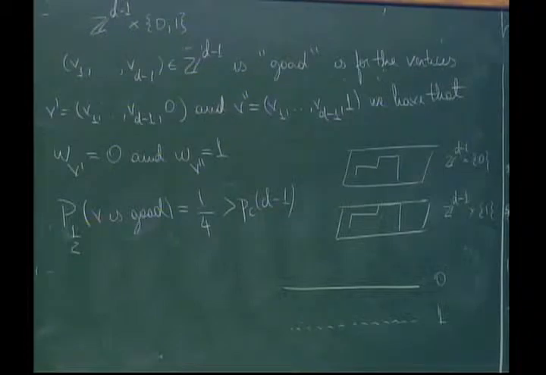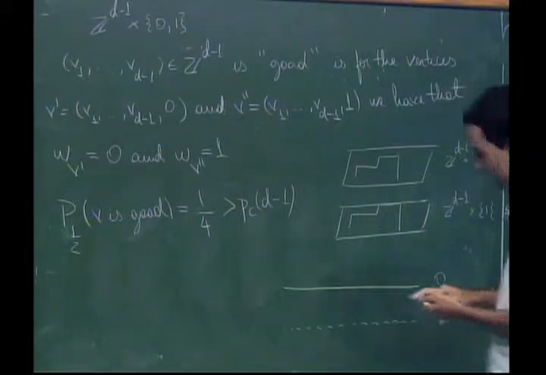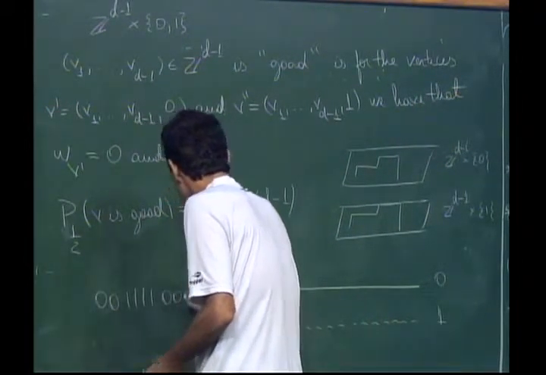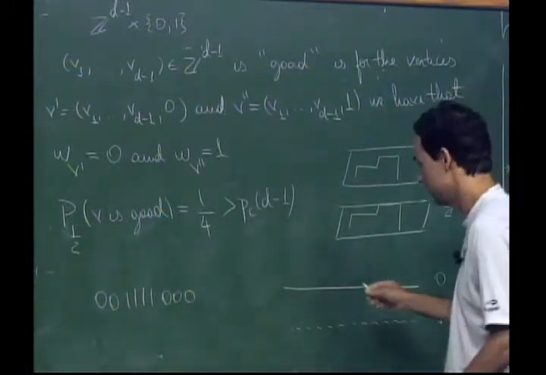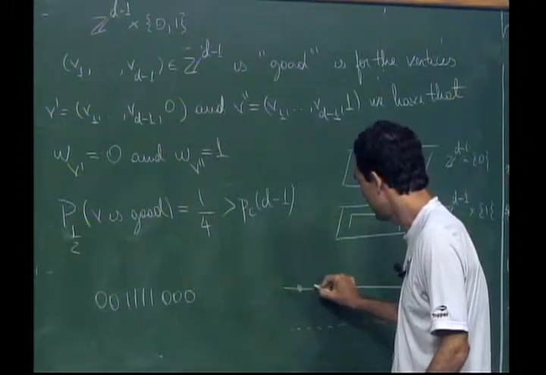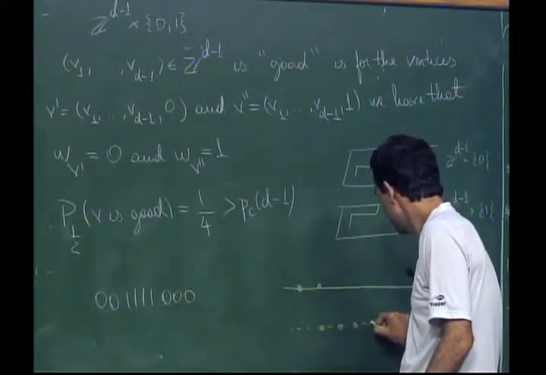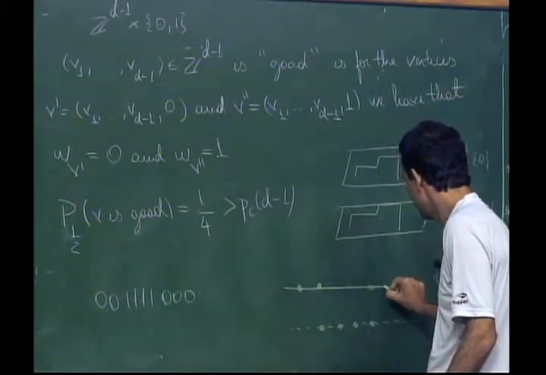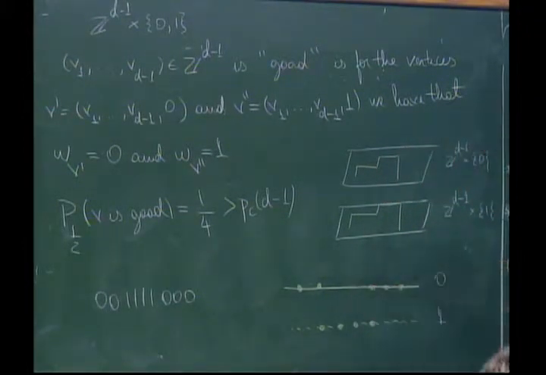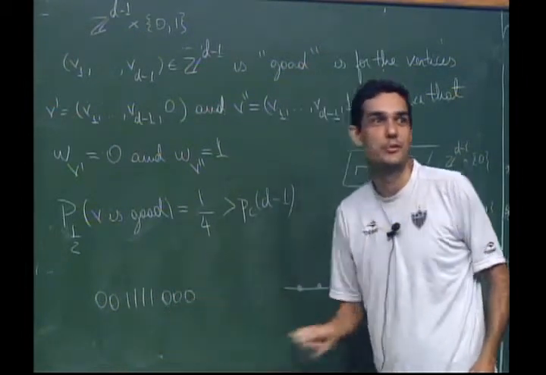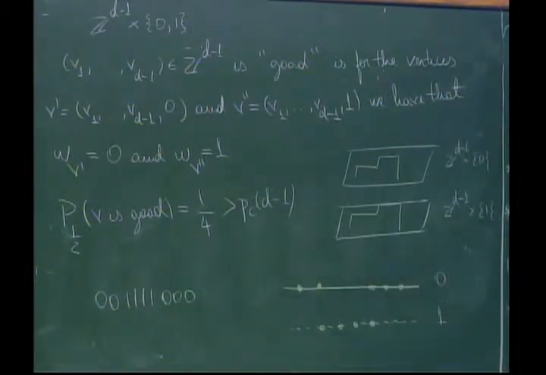Then, given any word at least two-stretched, for example, 0, 0, 1, 1, 1, 1, 0, 0, 0, I take 2 zeros, then 4 ones, now 3 zeros. Is it clear? I have a problem only if I have some single 1 or some single 0.